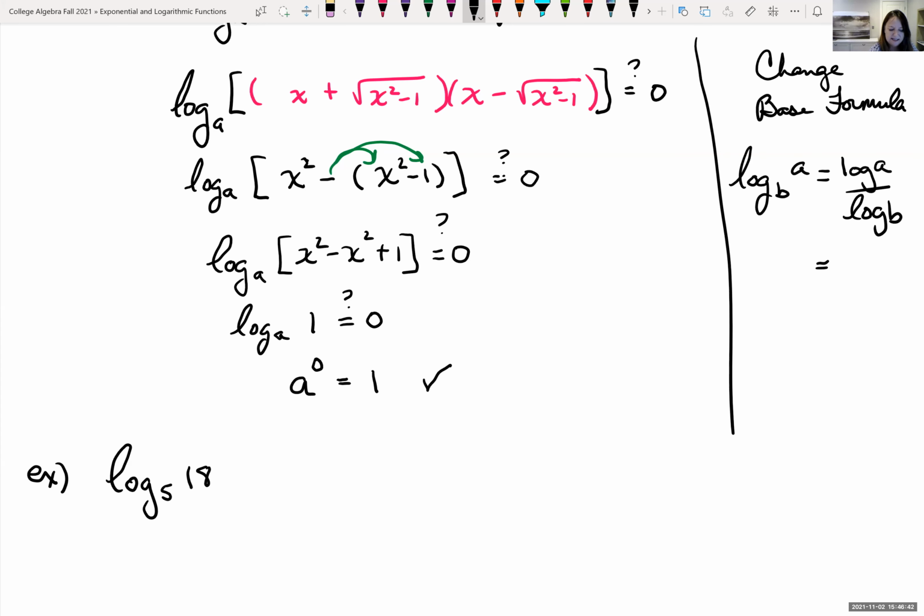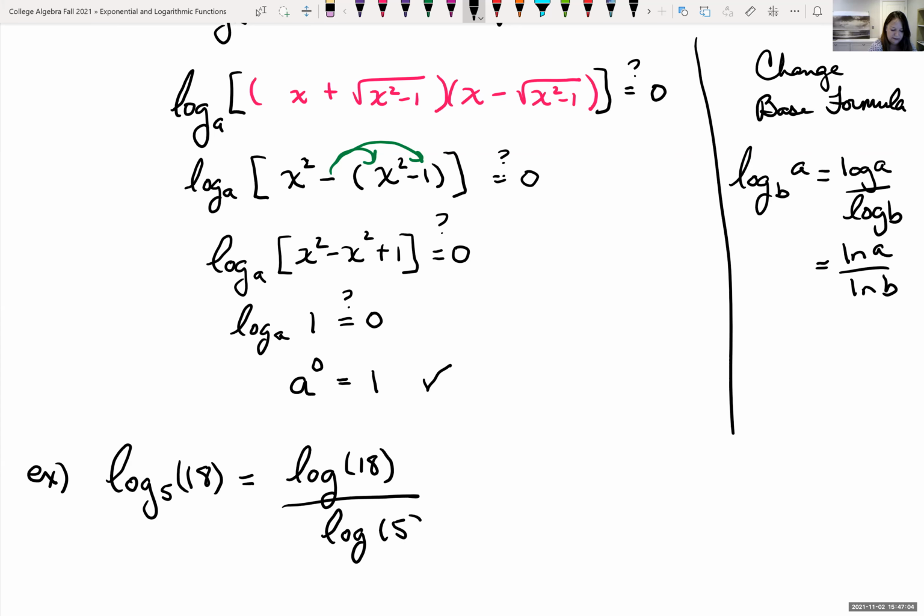Or we can say this is the natural log of a over the natural log of b. So we can rewrite this. This is the same thing as the log of 18 divided by log of 5, which should give us the same thing as if we looked at the natural log of 18 divided by the natural log of 5.